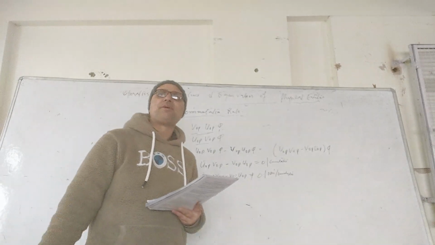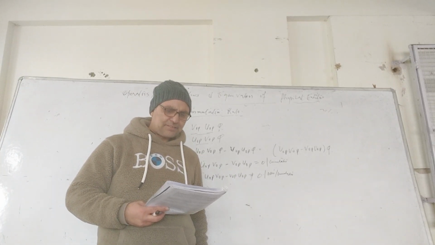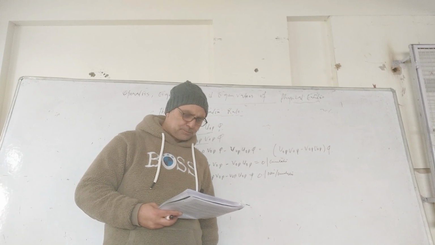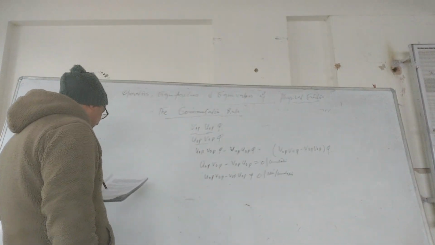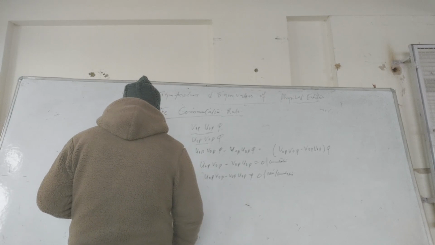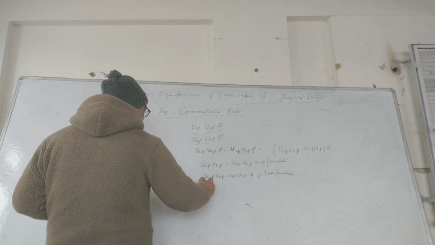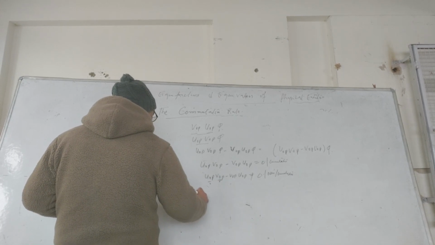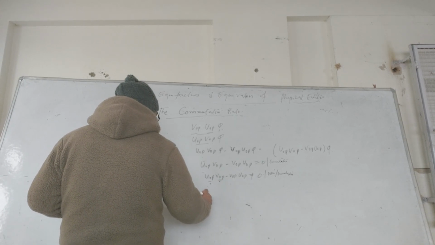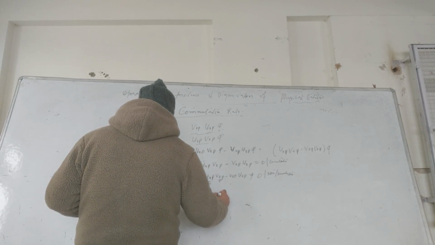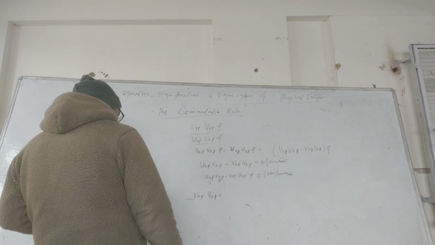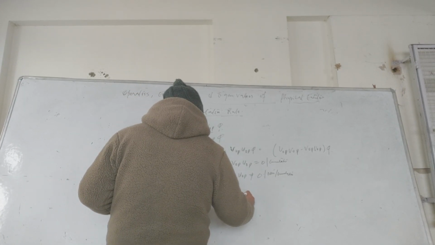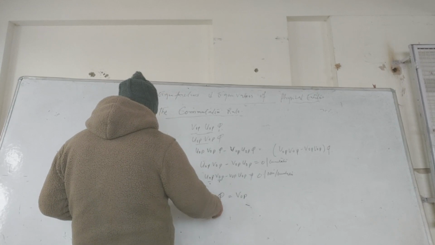The proof can be shown like this. For example, if I change the ordering, V operator and U operator acting on phi will be equivalent to V operator, U operator.